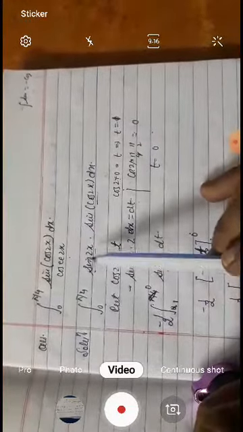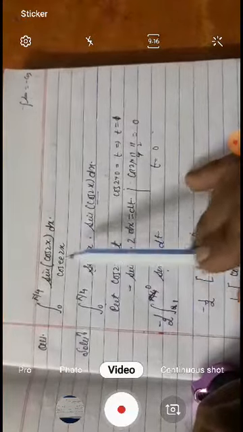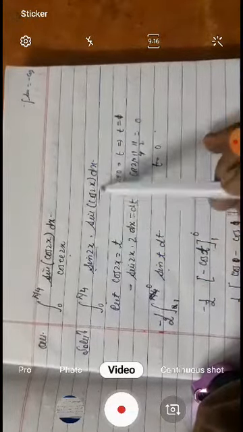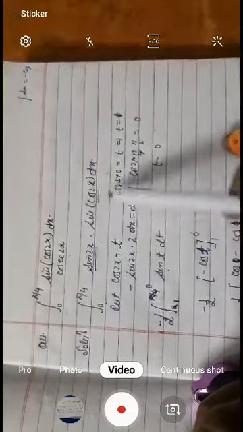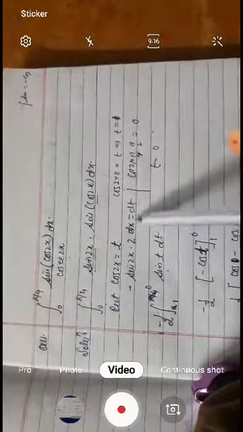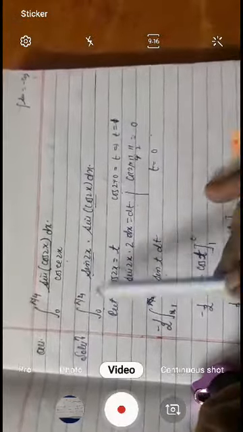Now sin 2x cos x we change, we have to change it to sin 2x and cos 2x. Putting the value of cos 2x equal to t, then we have to change the limits.